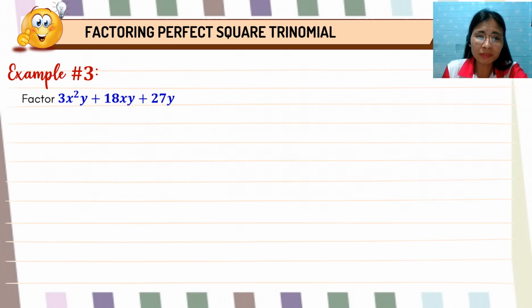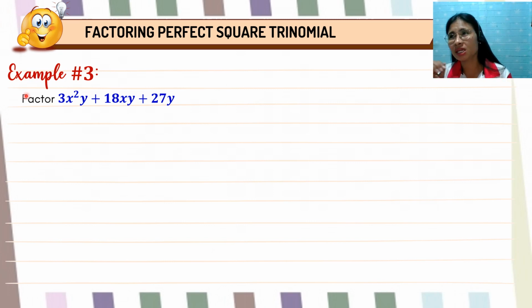Now, example number 3. The given is a trinomial, but looking at the first term, 3x squared y, automatically from the term y itself, we can already say that it is not a perfect square trinomial. But looking at the three terms, we could locate a common factor.